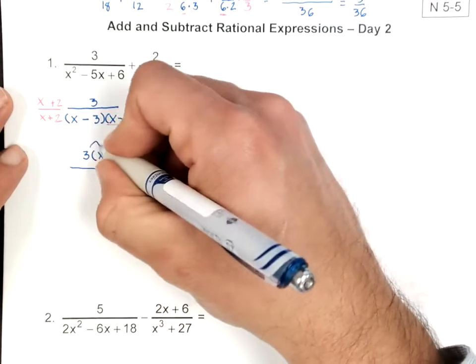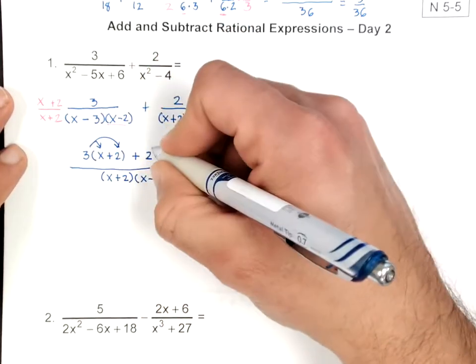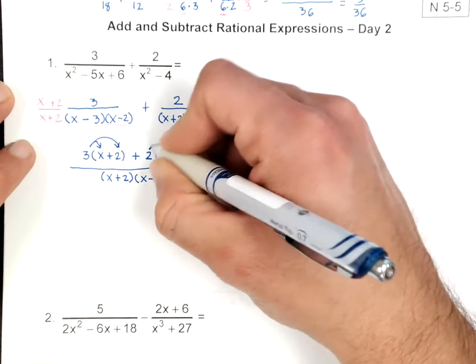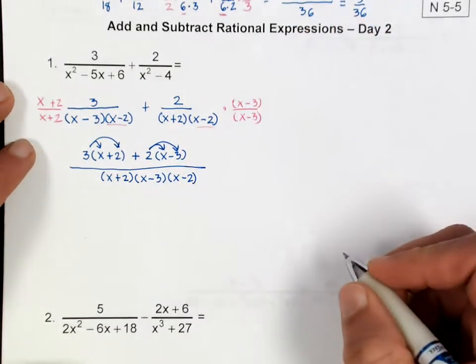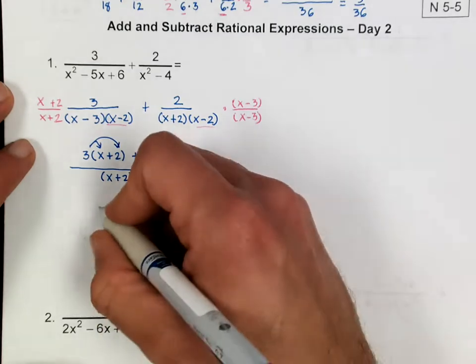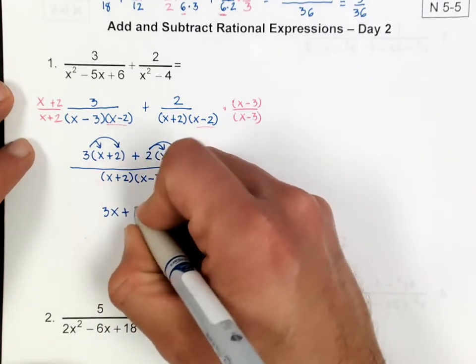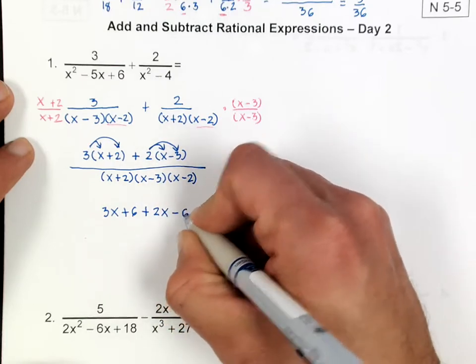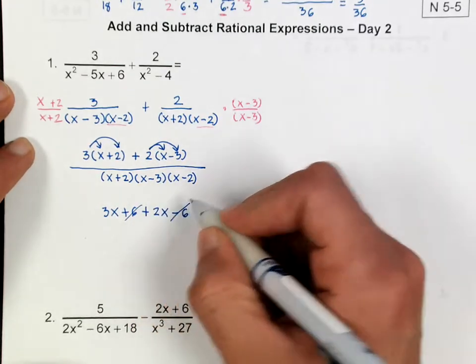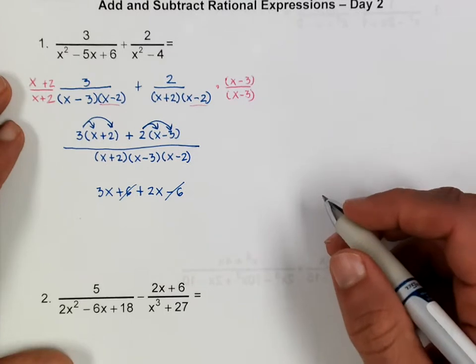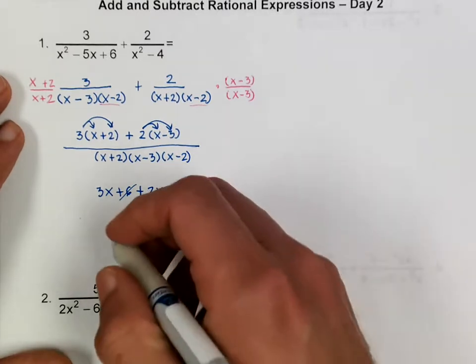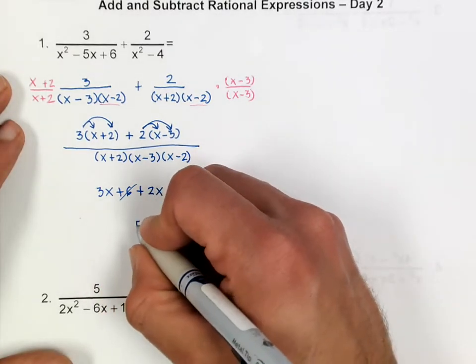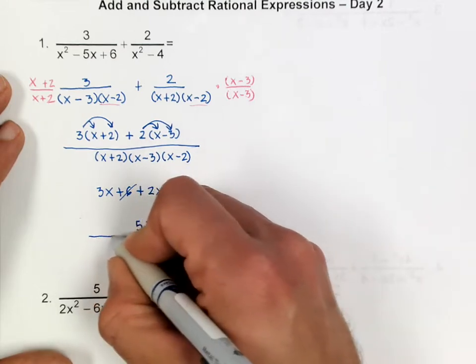You're going to distribute that 3, distribute this 2, and then add like terms. That's essentially what you're trying to do. So we have 3x plus 6 plus 2x minus 6. In other words, the 6's cancel, and I end up with a 5x on the numerator.